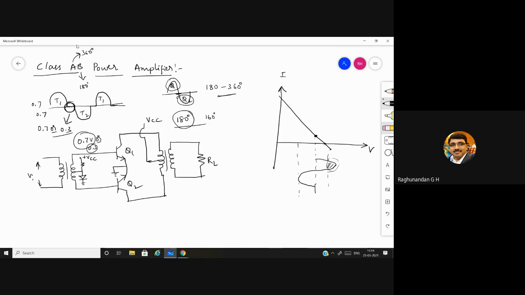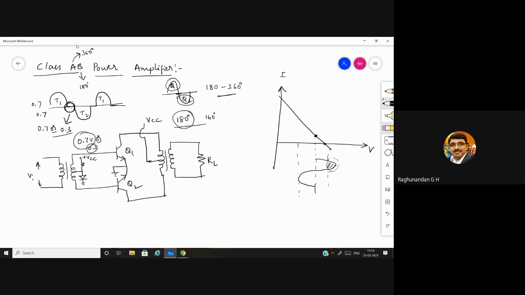So when you're adding this to the secondary of the transformer, this 0.7 gets added to Q1 as well as Q2, so that Q1 and Q2 will already be in the active region. That means the Q point gets shifted and it will always be here. So that drawback of VB will be eliminated in this case.